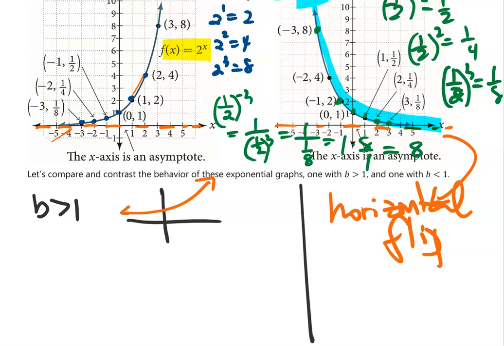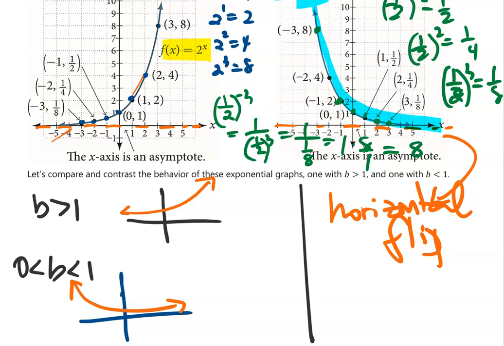And if your b is between 0 and 1, then it will again be a horizontal flip. Okay, so take note of that.